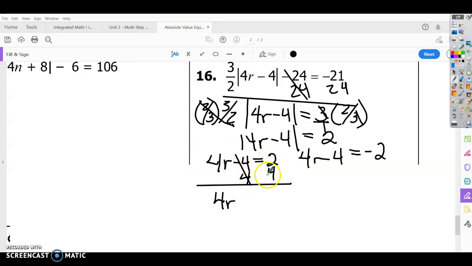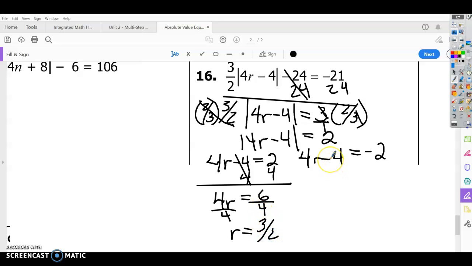This cancels. 2 plus 4 is 6. Oh, look, we even get a fraction for an answer. All right, so 6 divided by 4. Both of those are divisible by 2. So if you reduce those by 2, you get 3 over 2 for your answer.